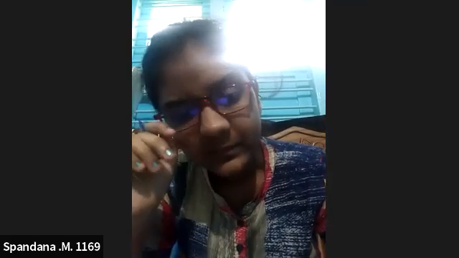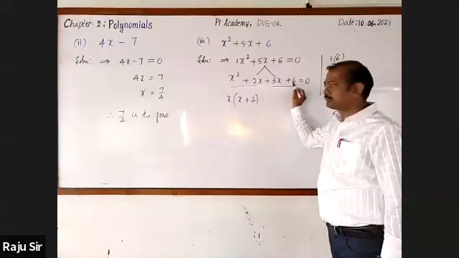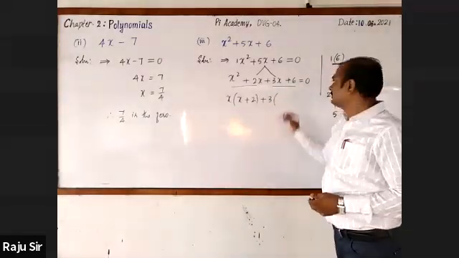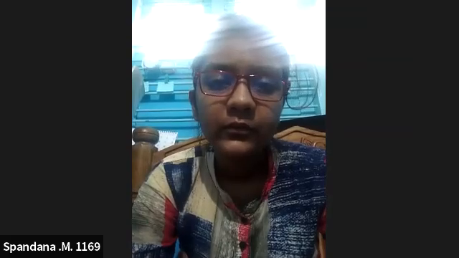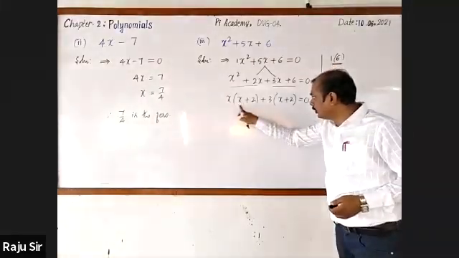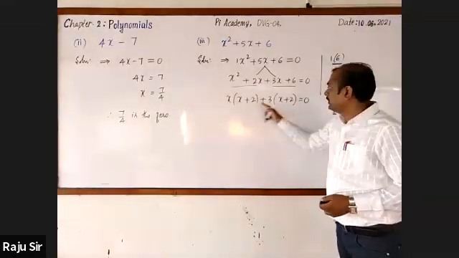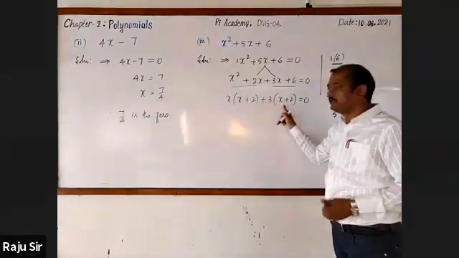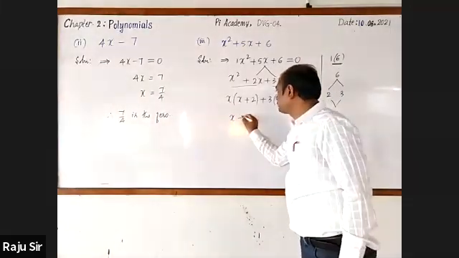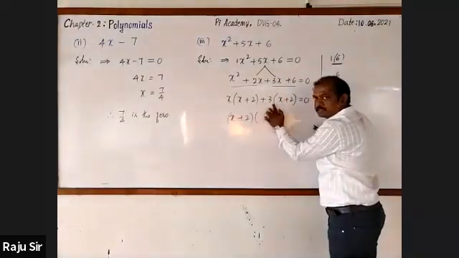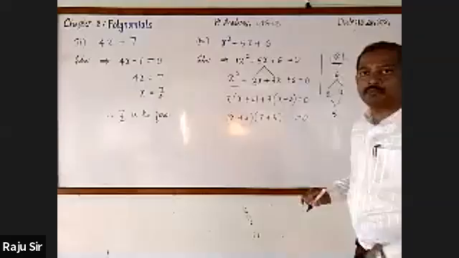Second group, again 3 is a common factor. HCF of 3 and 6 is 3. So 3 into x plus 2 equal to 0. Now, in the whole statement, x plus 2 is a common factor. Here x plus 2 is there, and here x plus 2 is there. I'll write that x plus 2, and the remaining will be x plus 3, equal to 0.